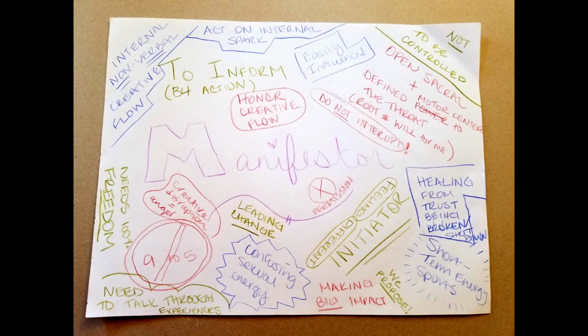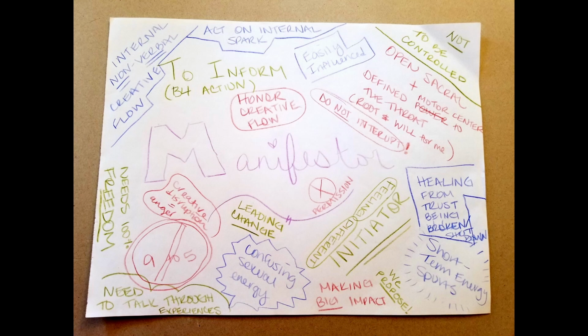And I went back to this piece of paper and wrote down different aspects of what it's like to be a manifestor so that I could have my learnings all in one place and be able to reflect on it and be able to tell the story that I just told you to myself. As I continue to learn how to live more authentically as I was designed to live and for the life that I signed up for, that my soul is craving for the rest of my life.